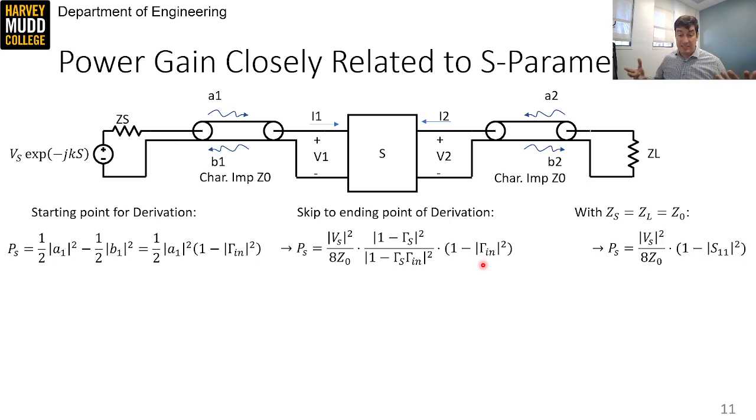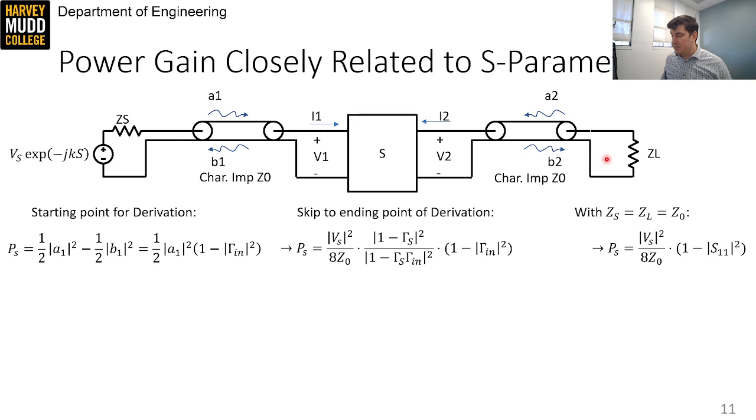When we match ZS and ZL to Z0, this middle term falls away because gamma S goes to 0. And so we're just left with the wave power multiplied by 1 minus S11 squared. And this is S11 instead of gamma in, because you'll recall that gamma in is made up of S11 plus a round trip wave that goes out to the load and then bounces back.